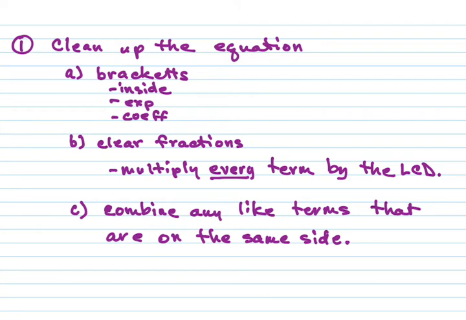So you're going to combine any like terms that are on the same side. So we're not moving anything across the equal symbol here. We're going to look on the left side of the equal symbol and see if there are any like terms on that side. And then we'll go to the right side and see if there are any like terms on that side. And if there are, we can combine them.